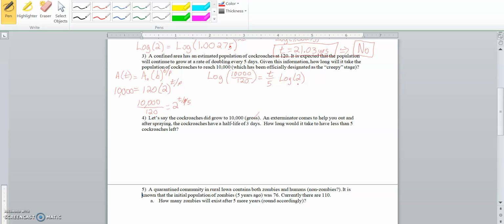And then we can take the log of 10,000 over 120. We can divide both sides by log of 2.